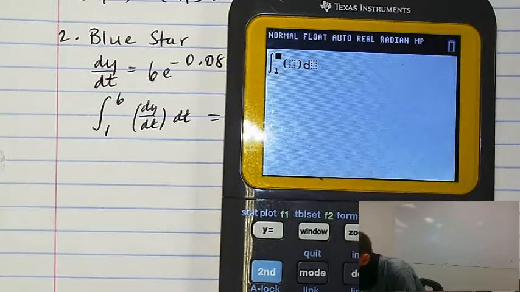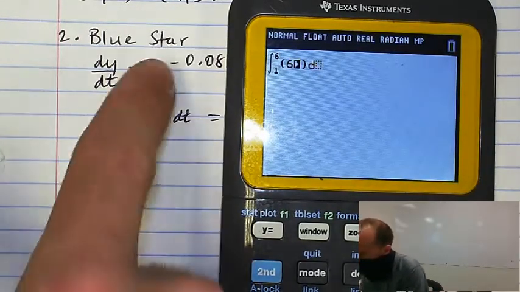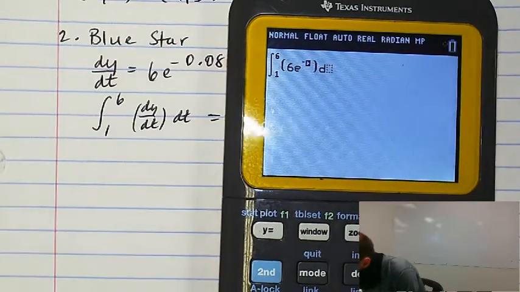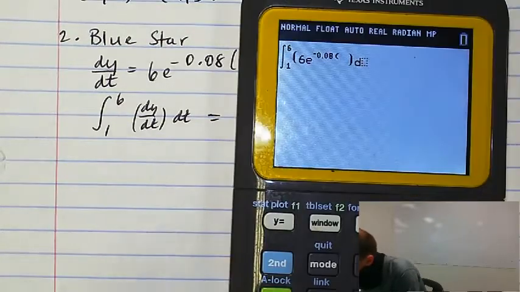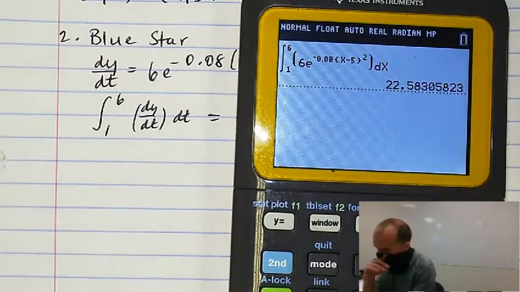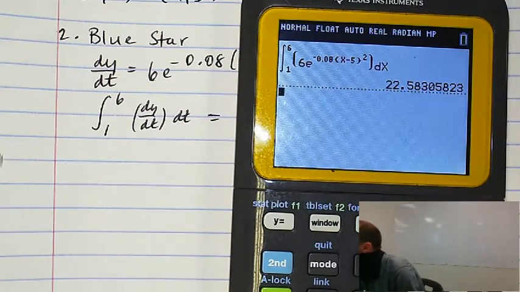I'm going to integrate from 1 to 6, and since I'm only using this equation once, I don't need to type it into y equals: 6e to the negative 0.08 times t minus 5 squared, dx. And then that's 22.583, which I'm sure is answer choice D.